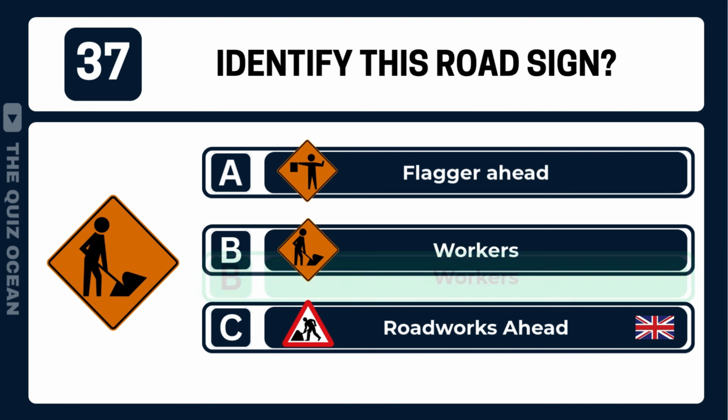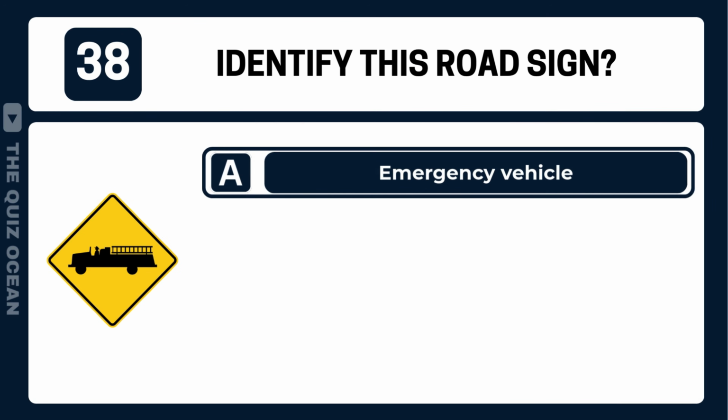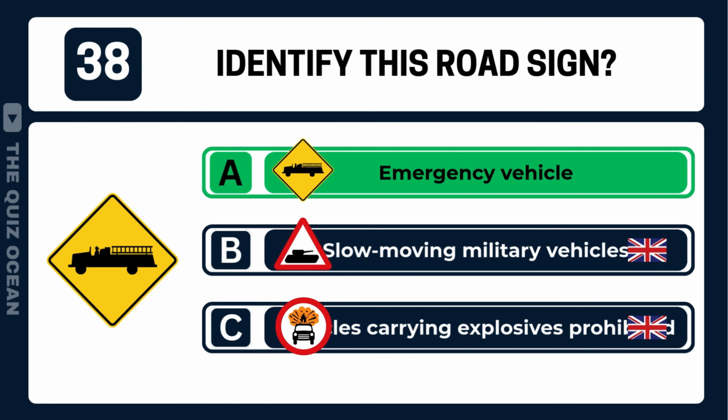The answer is B. Workers. Question 38. Identify this road sign. The answer is A. Emergency vehicle.